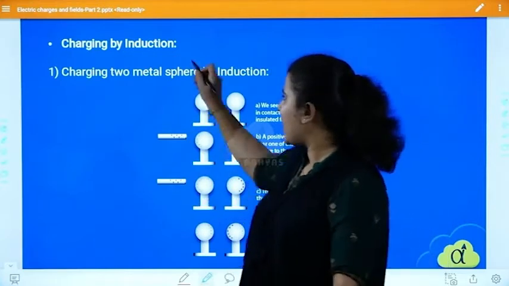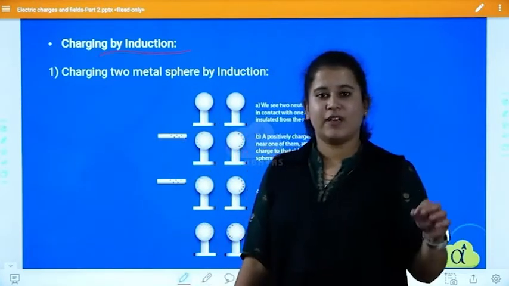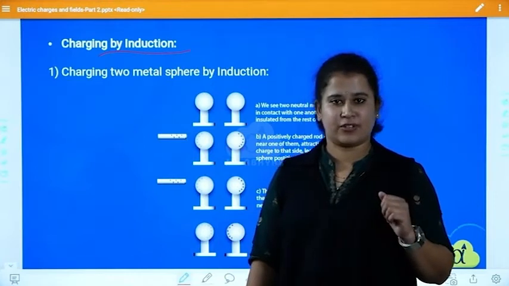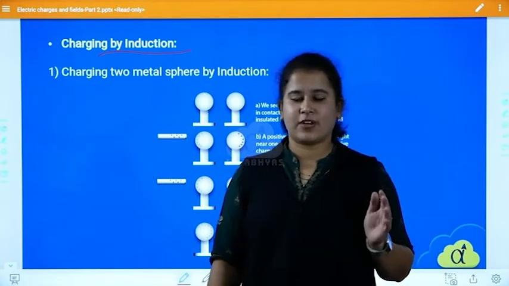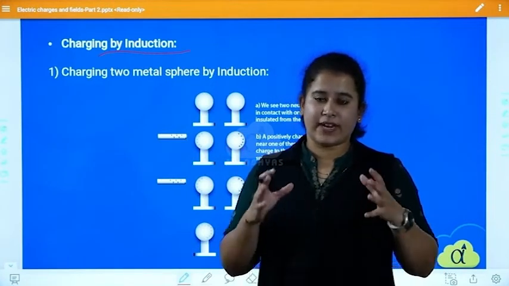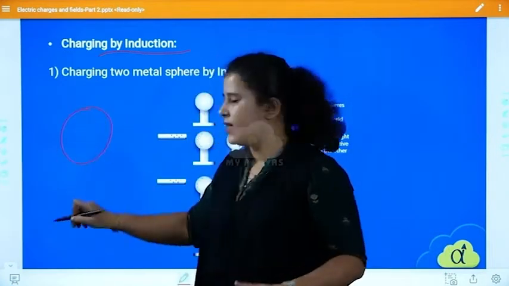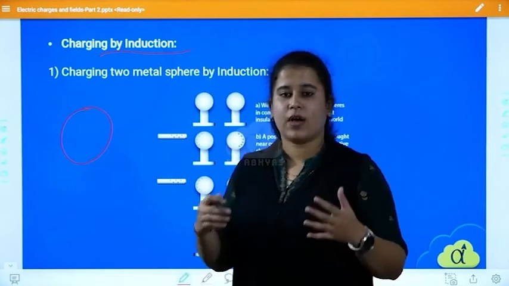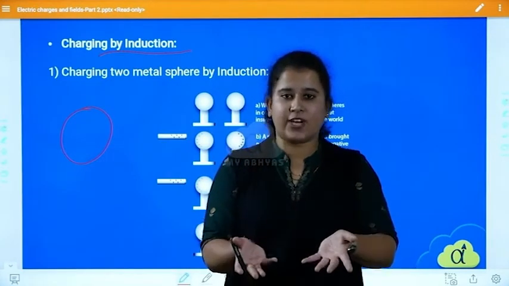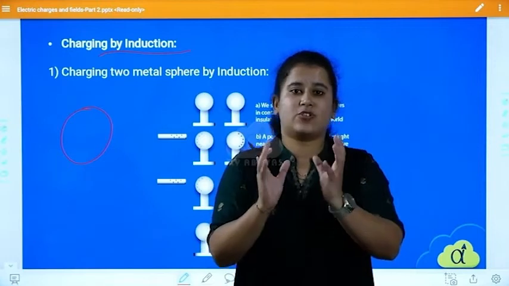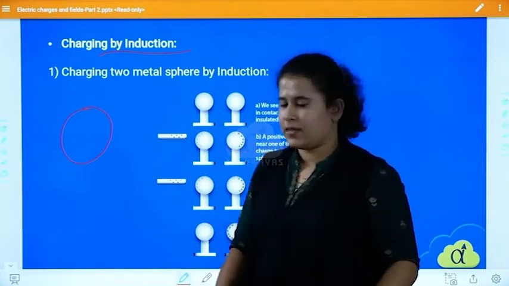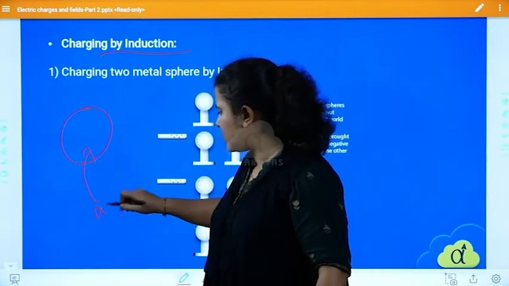Similarly, here we have another method which we call charging by induction. Charging by induction is a process where a body is completely charged, for example, if this is a ball, this is completely charged. Now I have to add charges to it, but it shouldn't lose any of its charges.